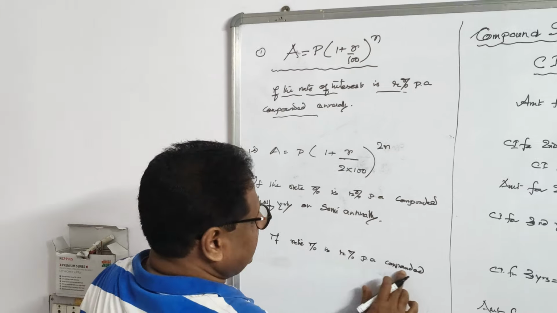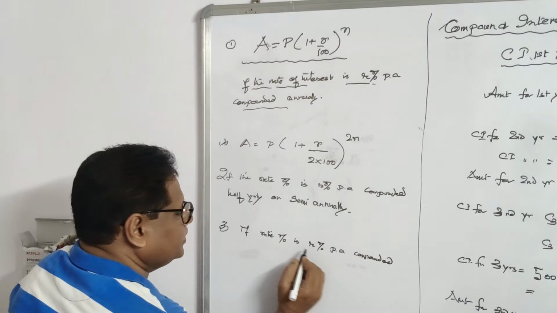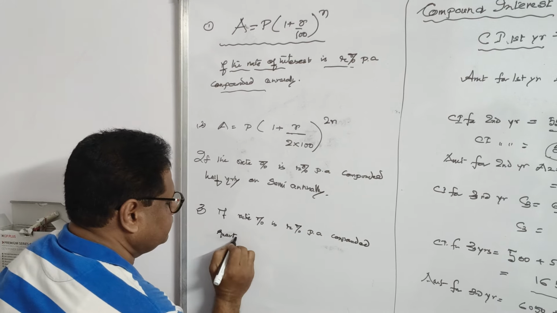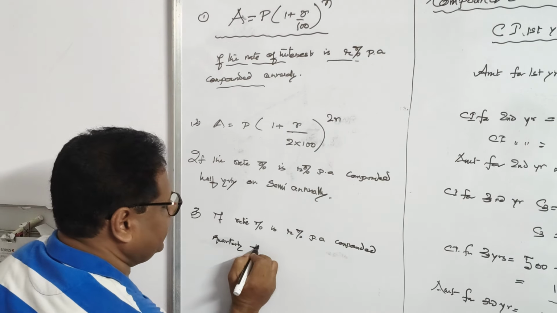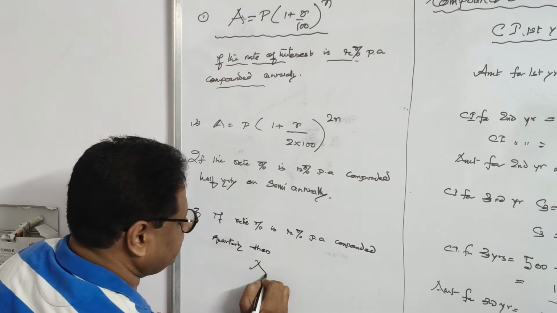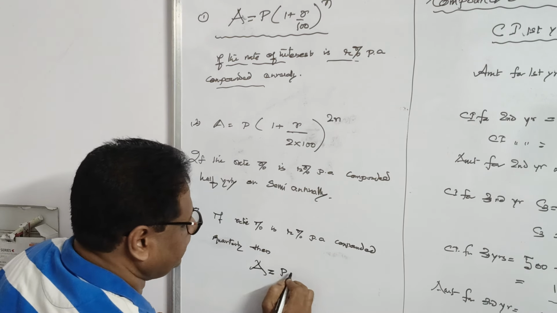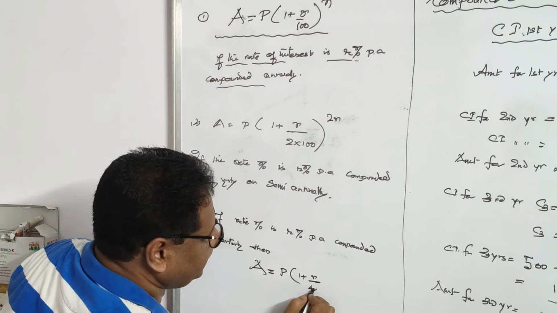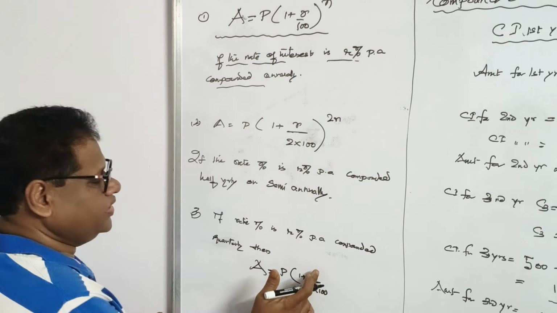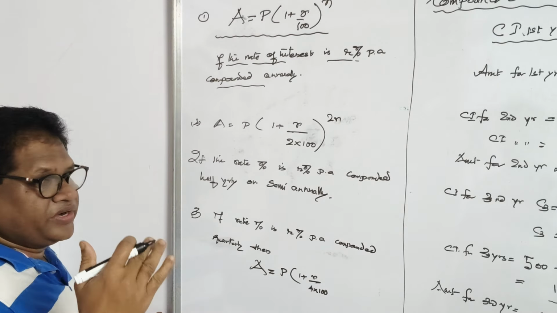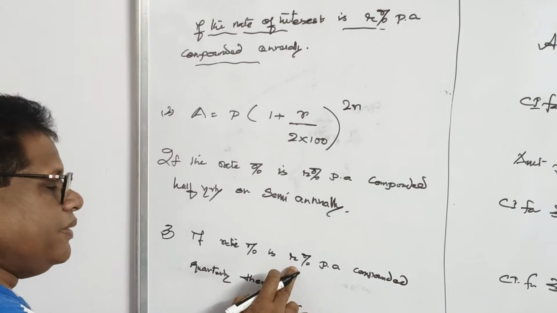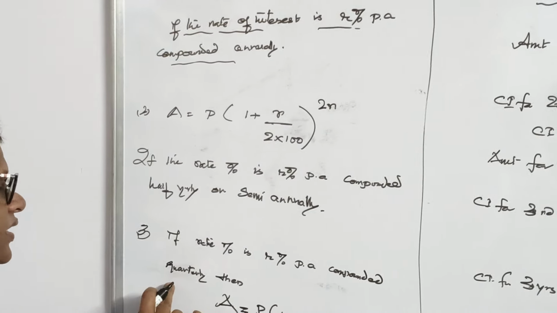If the rate percent is r% per annum compounded quarterly, then the expression for amount will be P into 1 plus r by 4 into 100, because in 1 year there are 4 quarters, so the rate will be calculated as one fourth per quarter if r is the rate percent per annum compounded quarterly.